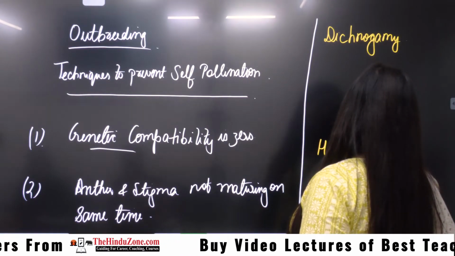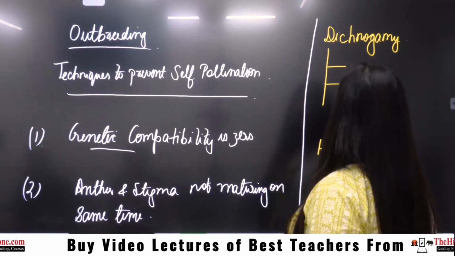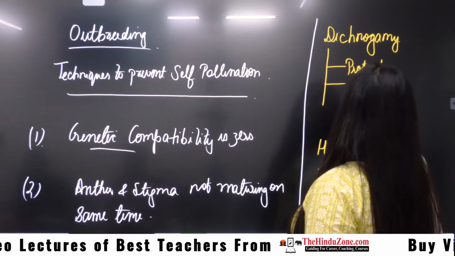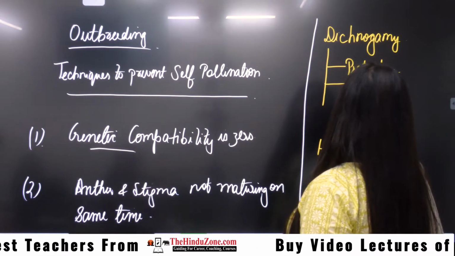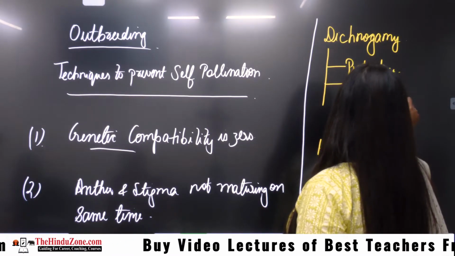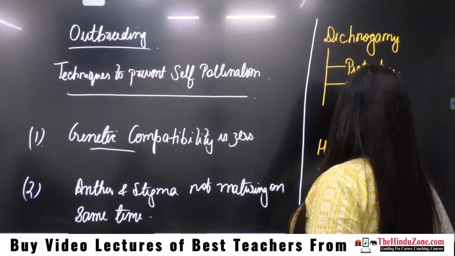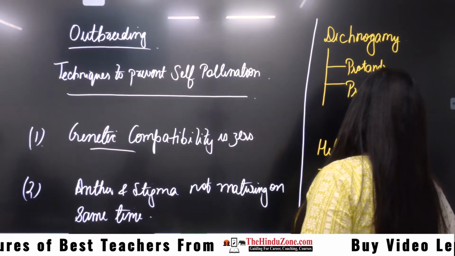Dichogamy में two things: one is protandry and another is protogyny. हेटेरोस्टाइली में distyly और tristyly.